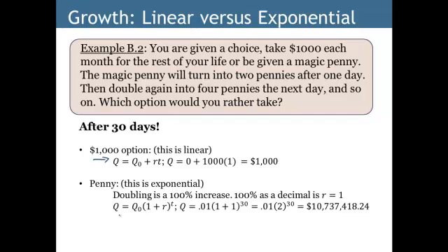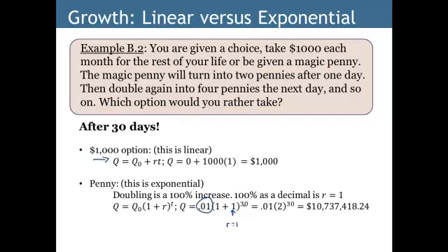Okay, how about the penny, though? The penny is exponential. You're multiplying. You're doubling it. By the way, doubling is a 100% increase. So 100% as a decimal is 1. So you start with a penny, the starting amount, times 1 plus R. Again, R is 1, because it's a 100% increase per day, a doubling every day.